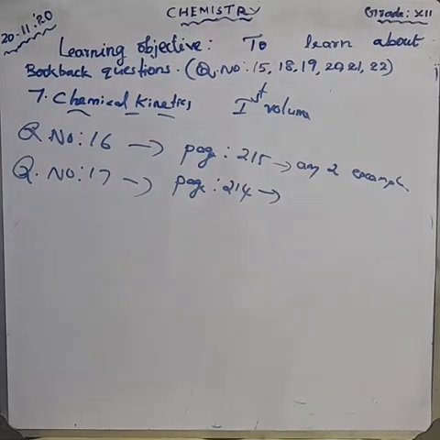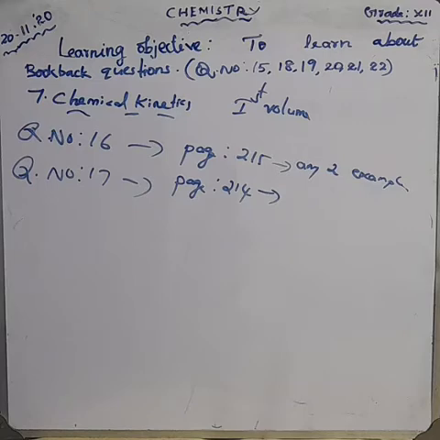Top of the page, first paragraph, third line: the second order reaction can be altered to a first order reaction by taking one of the reactants in large excess. Such reactions are called pseudo first order reactions. And we consider the reaction acid hydrolysis of an ester, that equation up to the last. Thus it follows the first order kinetics, that much.